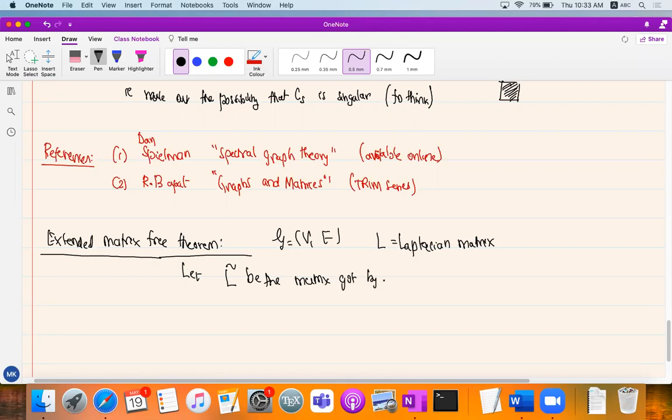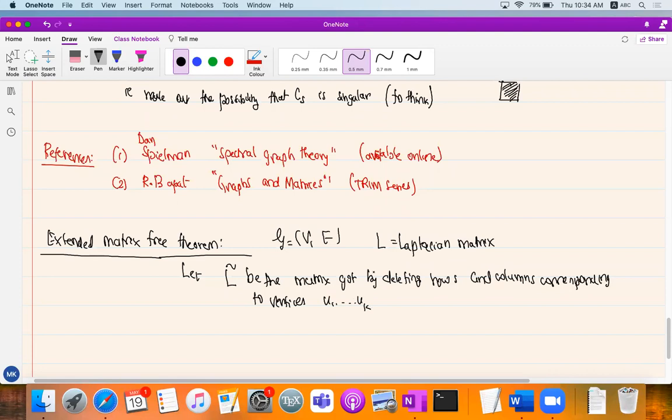got by deleting rows and columns corresponding to some particular vertices, let's say U1 up to Uk.